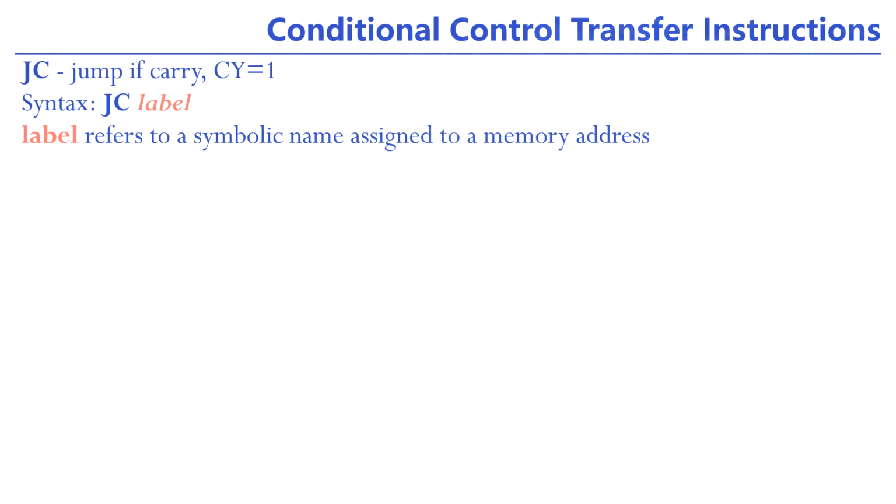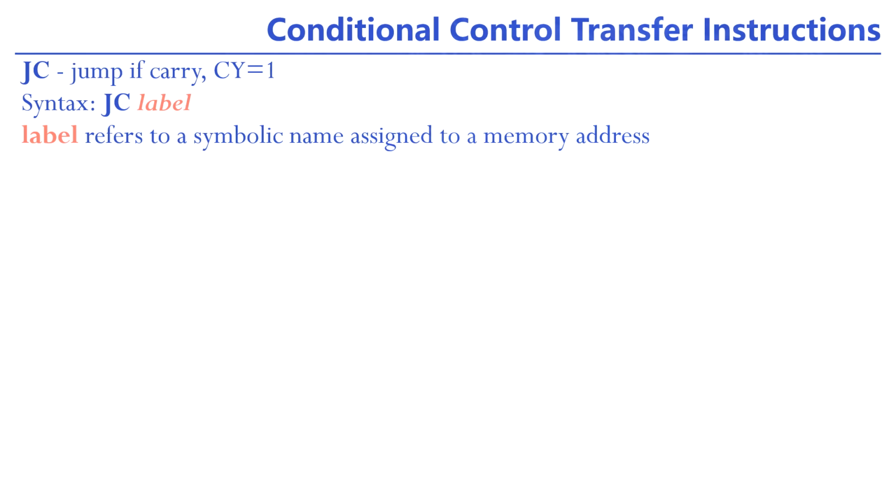Now let us discuss jump if carry. JC stands for jump if carry. This will check the condition carry is equal to 1. Syntax is JC label. Here label refers to a symbolic name assigned to a memory location.